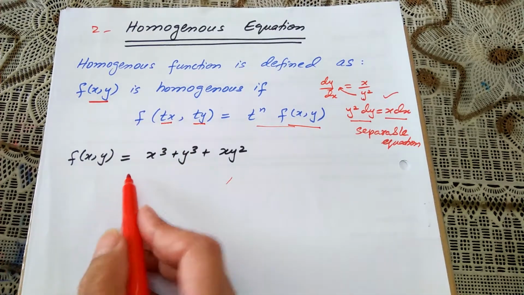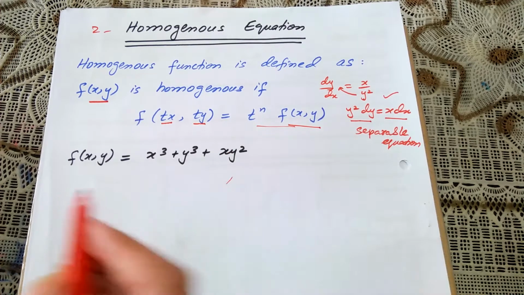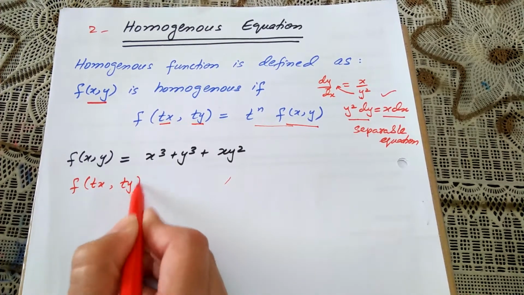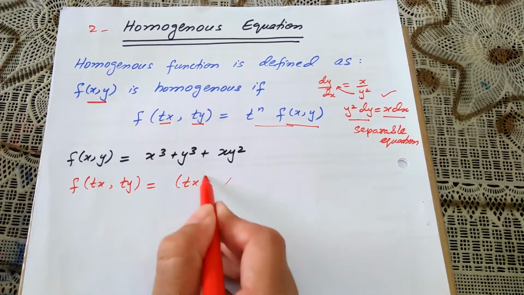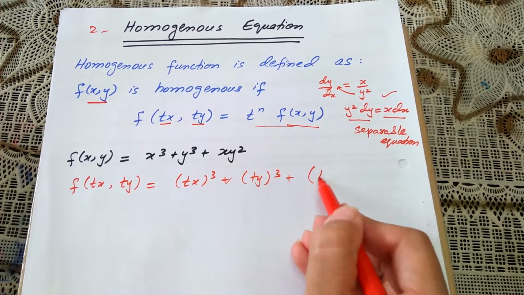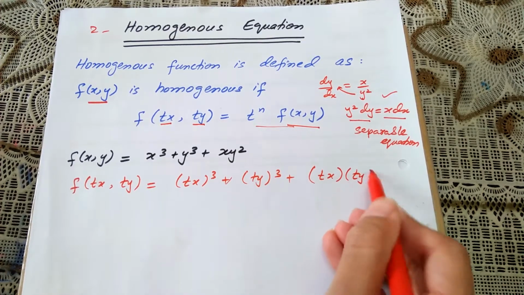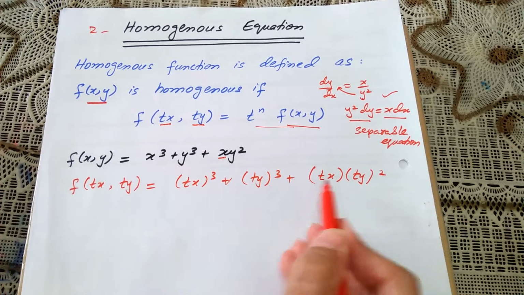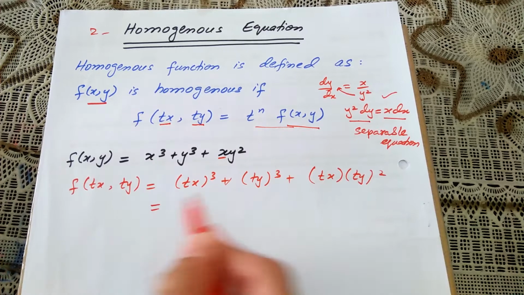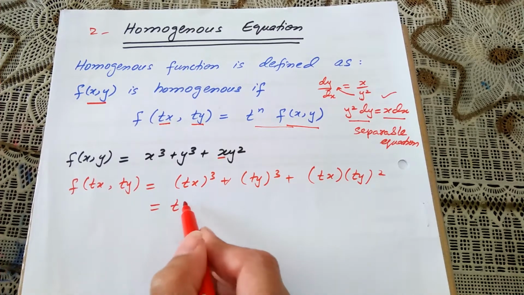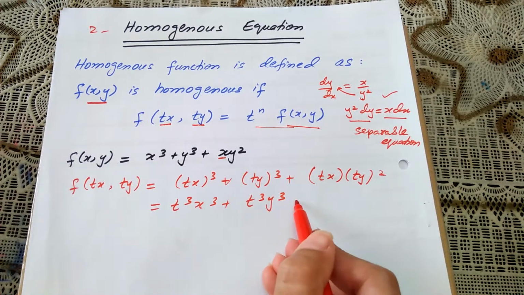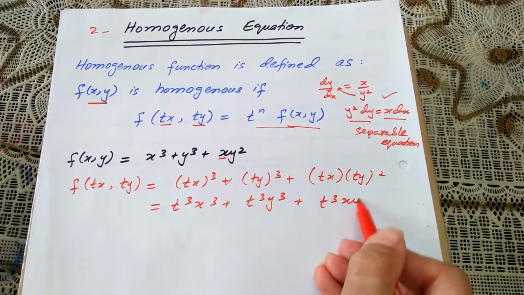For example, your given function is x cube plus y cube plus xy square. Just replace x with tx and y with ty. You will get (tx) whole cube plus (ty) whole cube plus (tx)(ty) whole square. After rearranging and simplification, we get t cube x cube plus t cube y cube plus t cube xy square.